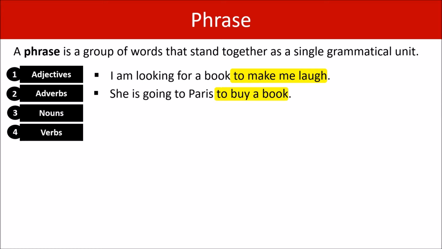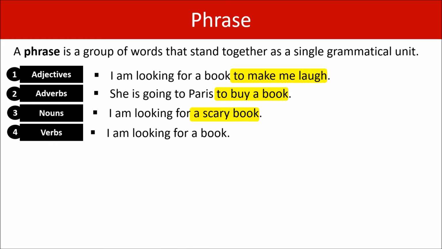To buy a book. That tells us why she's going to Paris. It is functioning like an adverb. I am looking for a scary book. That is functioning as a noun. I am looking for a book. Am looking. That group of words is functioning like a verb.